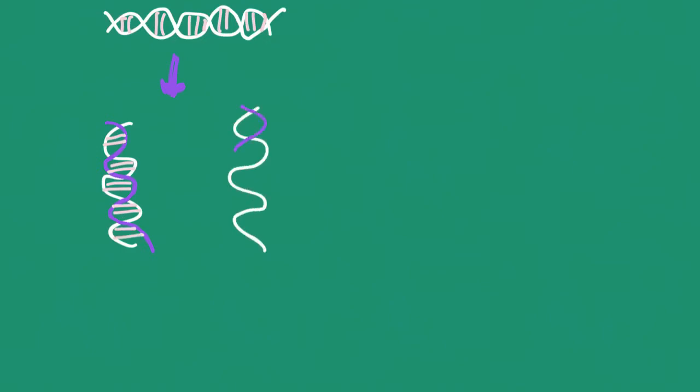DNA replication begins with a double helix in the parent cell. During the S phase of the cell cycle, this double helix gives rise to two new DNA molecules. These molecules will have one old strand and one new strand to make the double helix.